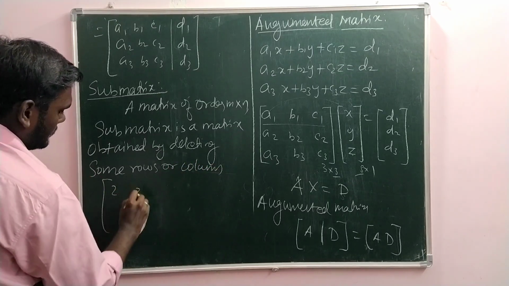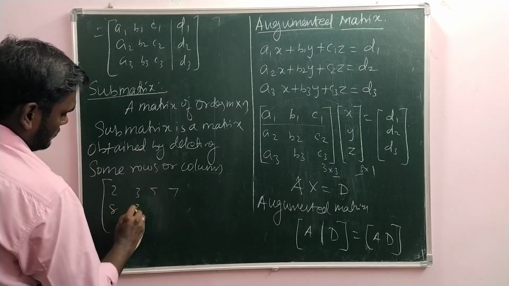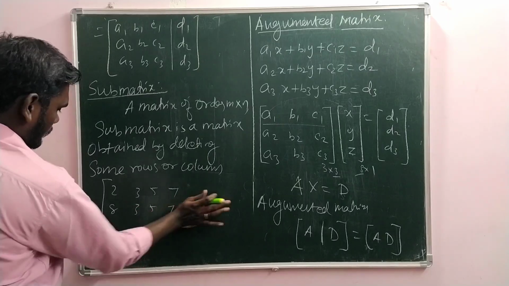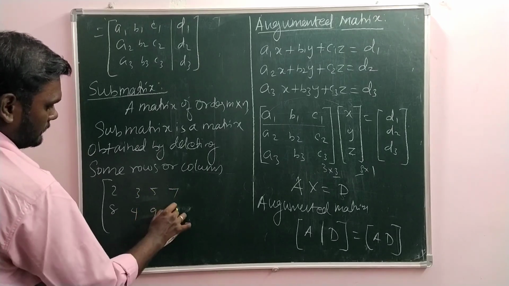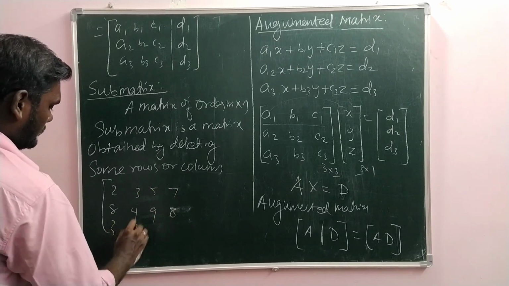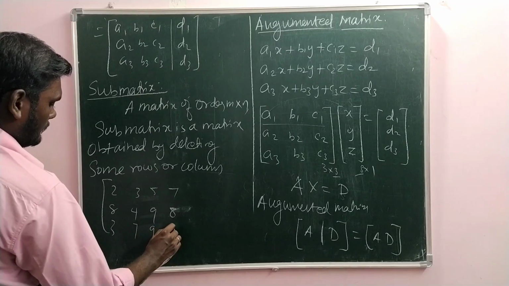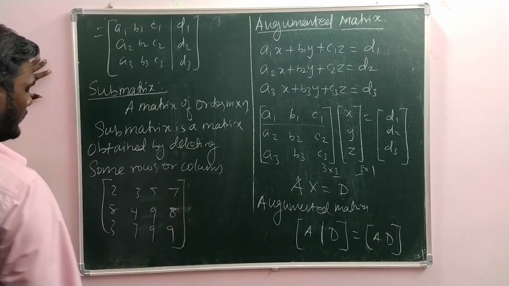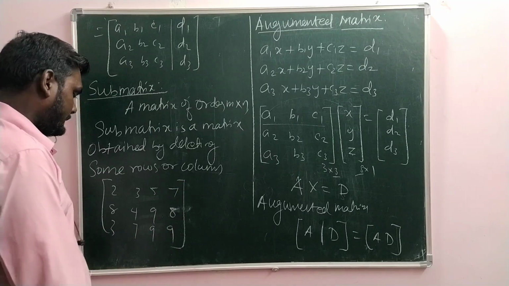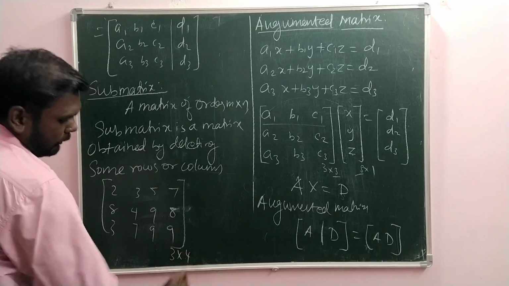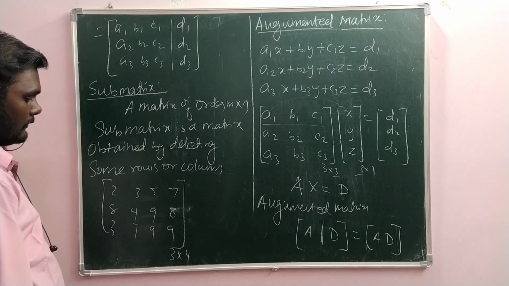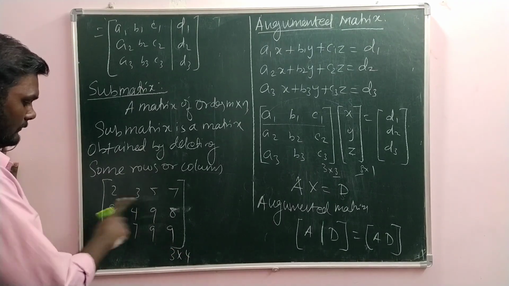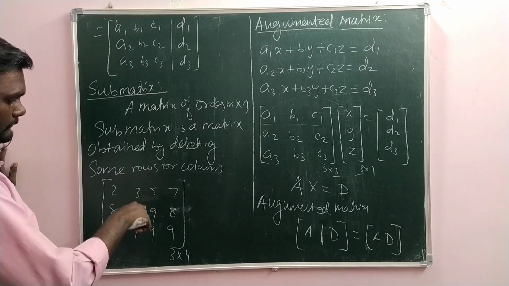For example, one matrix is there. What is the order of this matrix? 3 by 4, right? 3 rows, 4 columns.